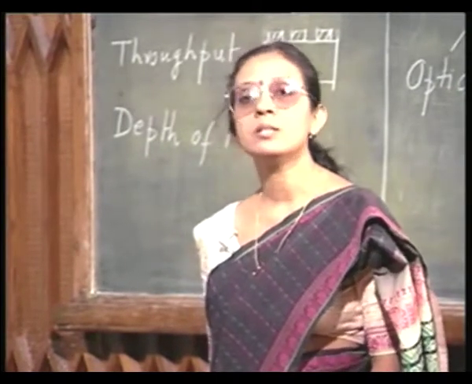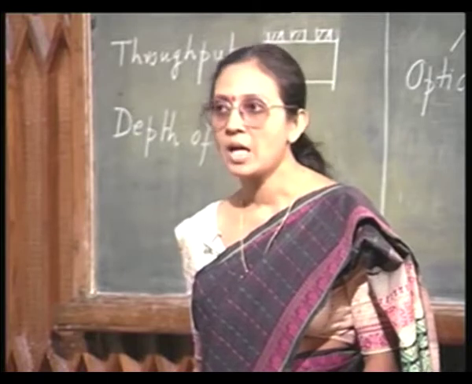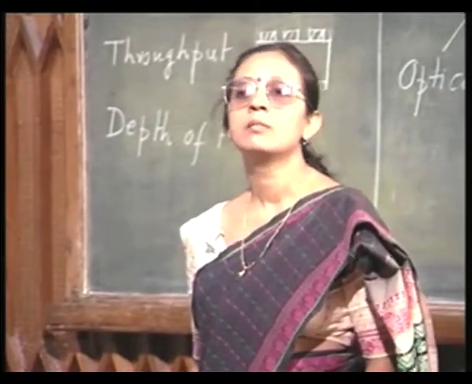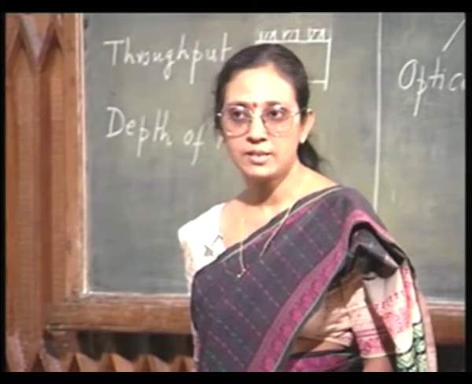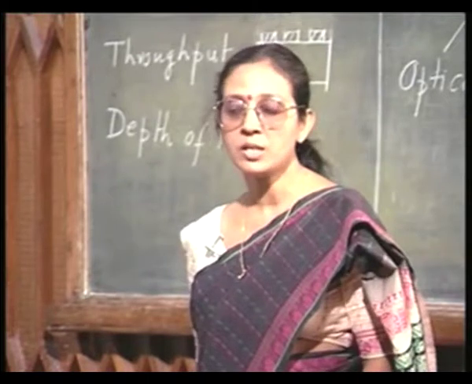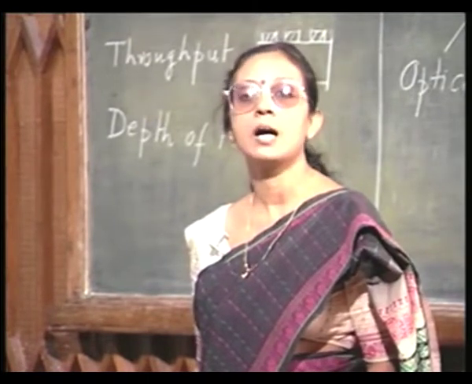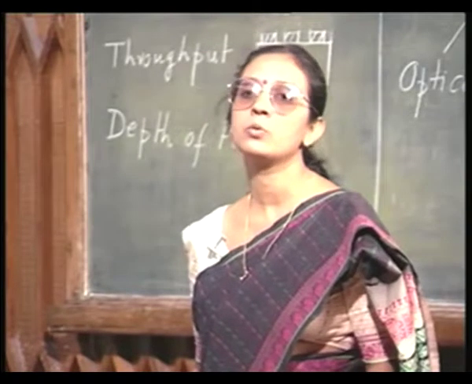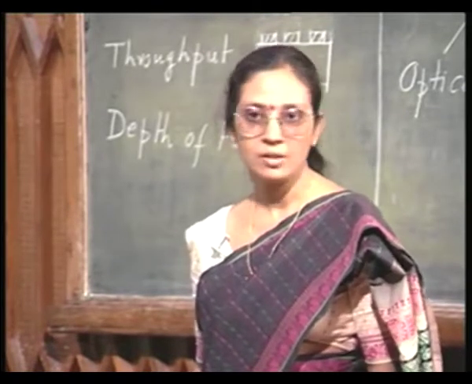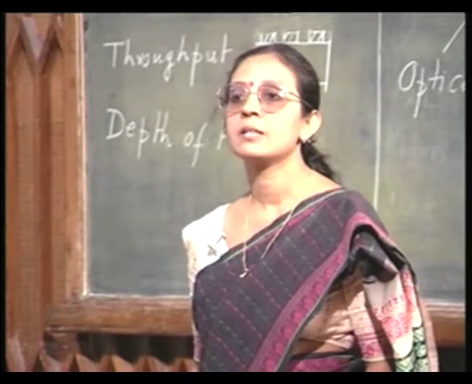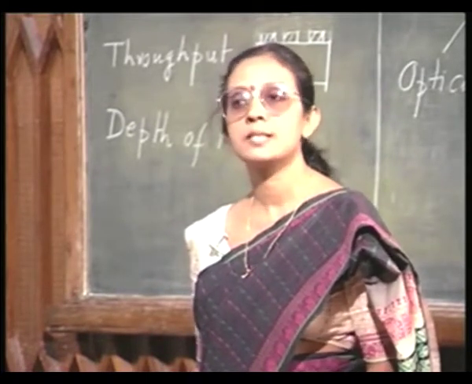This is one set of classification. I have already told you that the resist can be positive or negative. Positive when it gets softened on exposure, negative when it gets hardened on exposure. The particular chemical material we use is going to be different for different types of lithography, but the basic aspect remains the same.